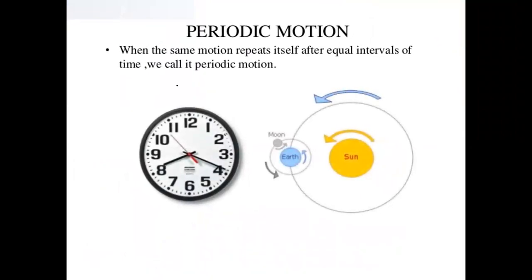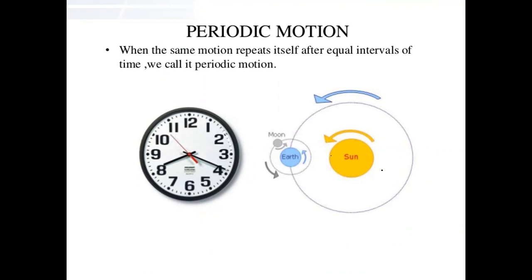Periodic motion. When the same motion repeats itself after equal intervals of time, we call it periodic motion. As in the circular motion, when the car was running around and around on the road, it was a type of periodic motion because it came back in the same interval.